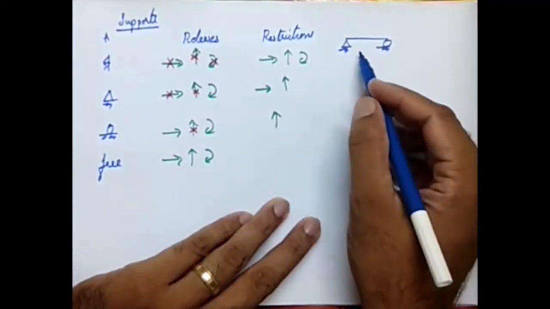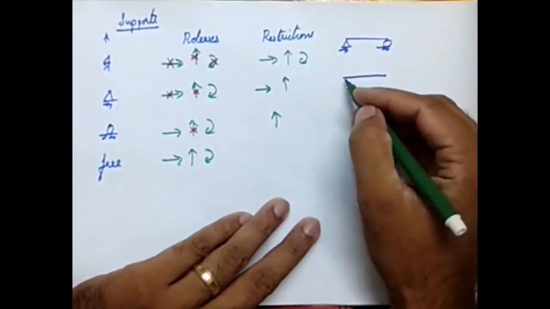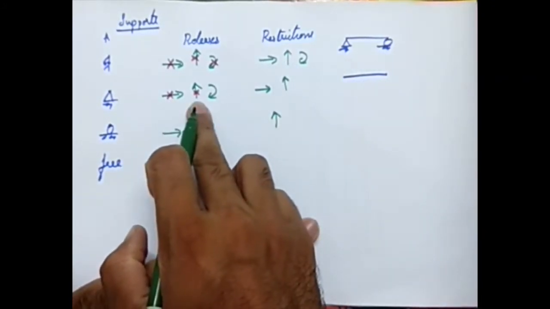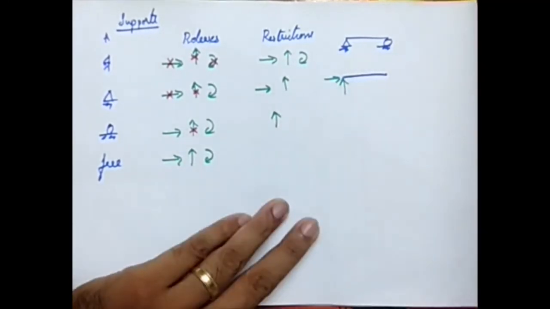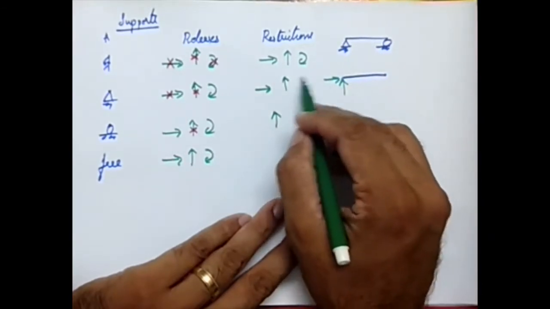If you want to represent it in terms of reactions, this is a hinge, which means that the vertical and horizontal translations are restricted, so you are going to find reactions. You are not going to have a moment here because the rotation is not restricted.